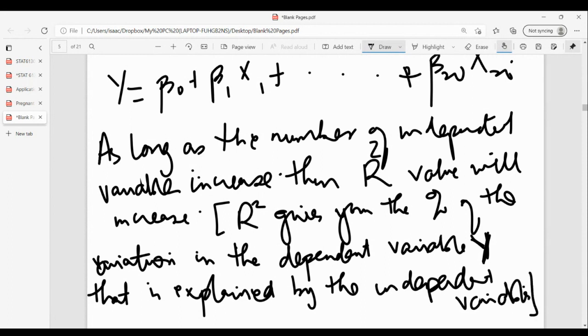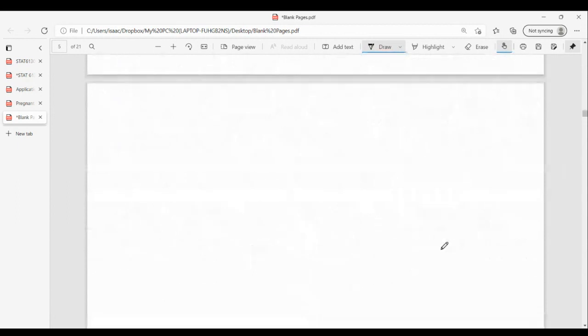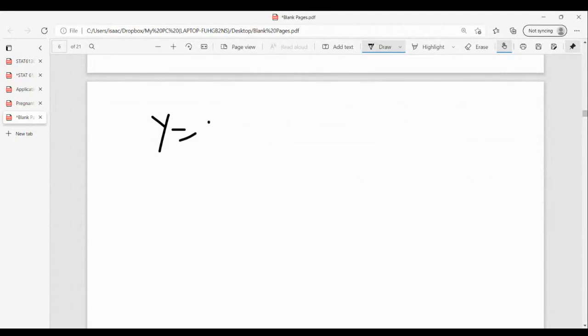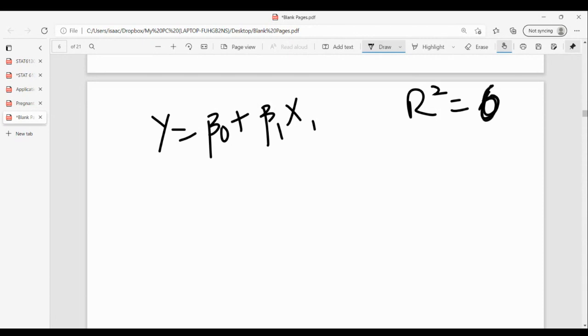Now this thing is a little bit deceptive, I'll tell you why. Every time you add a new independent variable, R squared increases. So if you think about it, that's a good thing, right? If you just had one variable like this, then the R squared would be like 60%.